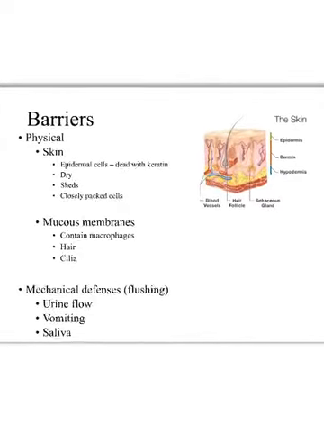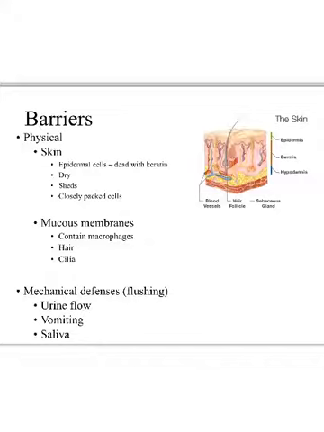Okay, so barriers are things that you're obviously born with. They're physical barriers. Skin is a very good example. The skin protects you because we have epidermal cells, which are layers of stratified squamous cells, and the top layer has keratin in it.